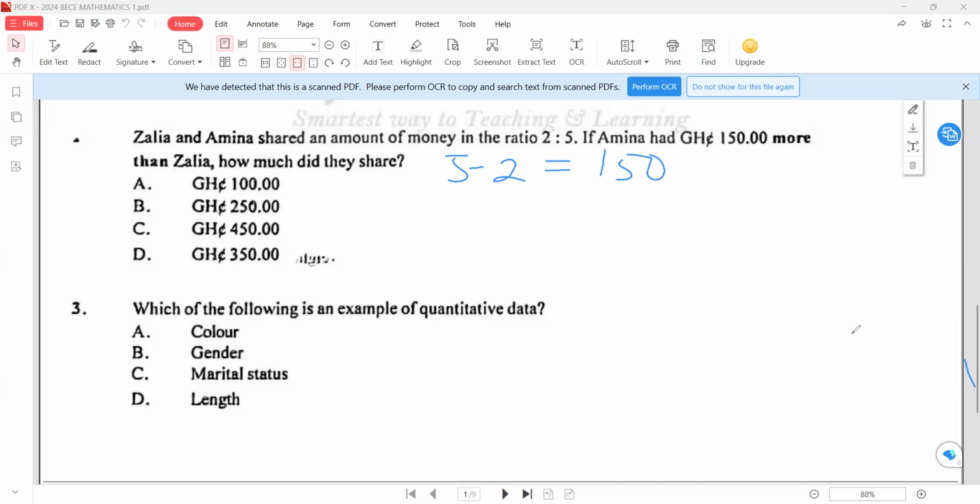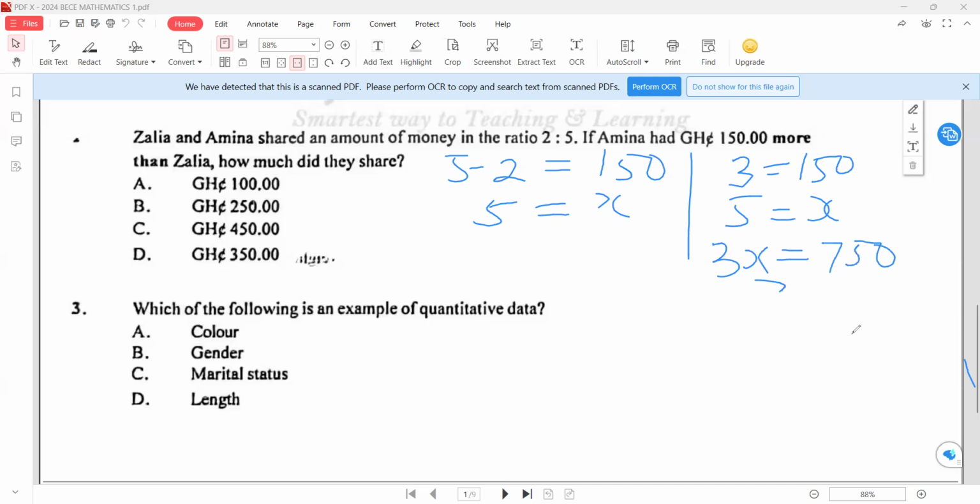And then what are we looking for? The amount shared, and that ratio should be 5. So we can say 5 minus 2 is 3. So 3 is 150, 5 is x. Multiply 5 by 150 to give you 750.